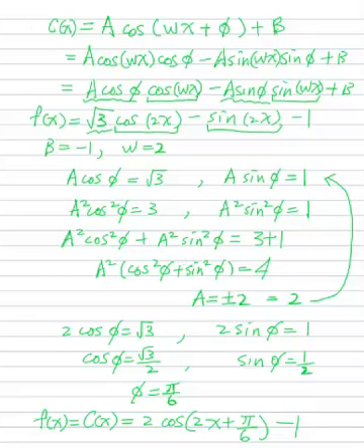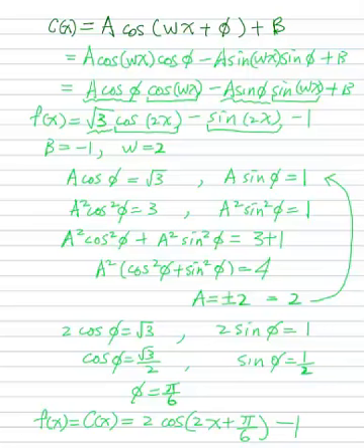We examine C of x equals a cosine of omega x plus phi plus b.